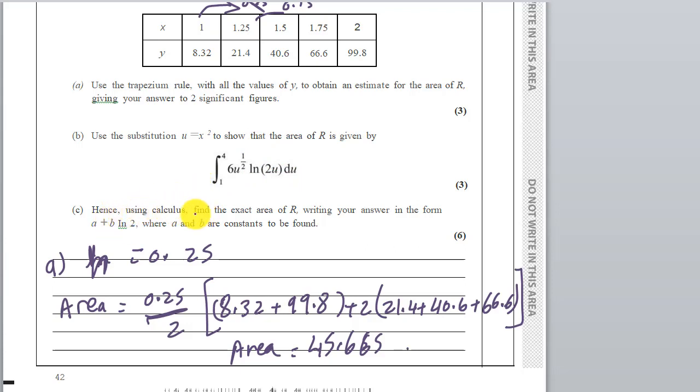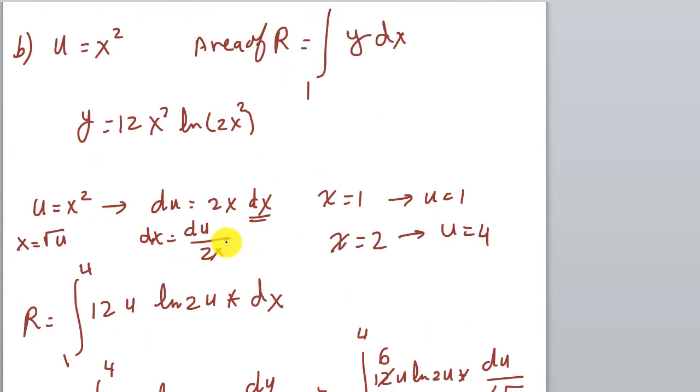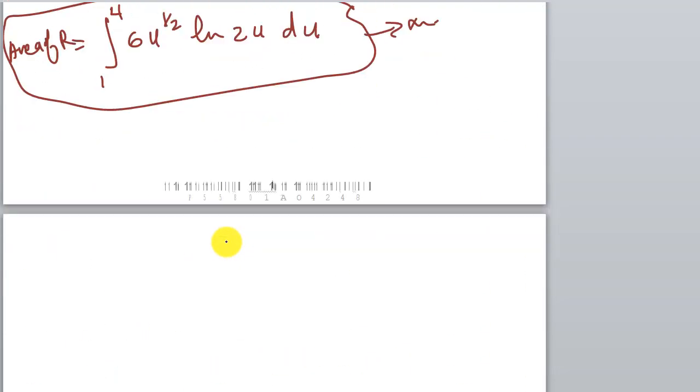Hence, using calculus, find the exact area of R, writing your answer in the form a plus b ln 2, where a and b are constants to be found. So we need to do the integration. The integration from 1 to 4 of 6u power half ln 2u du.